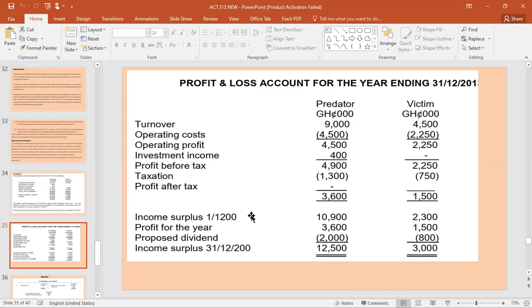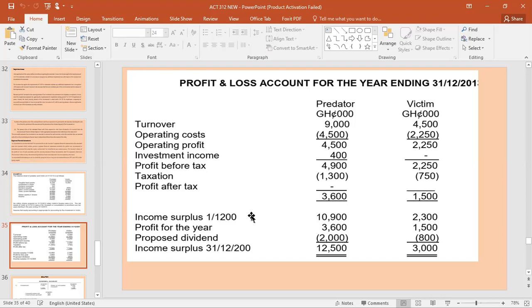So now you add it to your 4,500, then you get another total. Then you can see investment income 400 over there. Victim is also declaring proposed dividend. Go to victim's account, the second to last thing on the victim's account. Victim declared proposed dividend 800. Now we already know that Predator is having 50% in victim. So whatever dividend victim declares, 50% belongs to Predator.